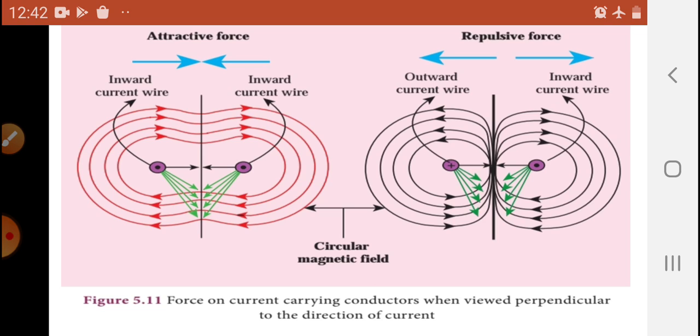Look at the second diagram, you can learn it easily. The circle represents the circular magnetic field, and from that we can understand the direction of inward and outward current in the wire.